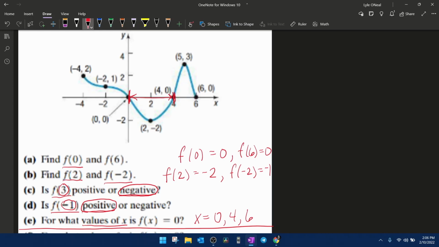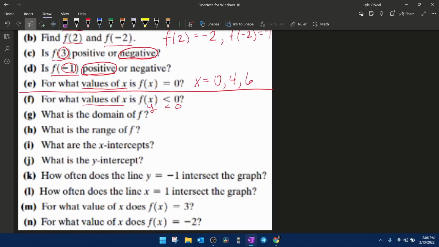Every x-coordinate from 0 to 4 will have a negative y-coordinate, which means y would be less than 0. Notice that it does specify less than 0. So using an inequality, we would say that x has to be bigger than 0, but less than 4.